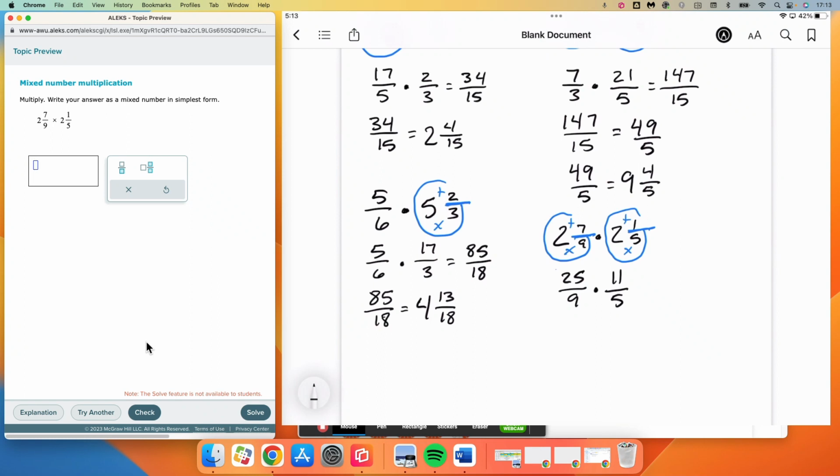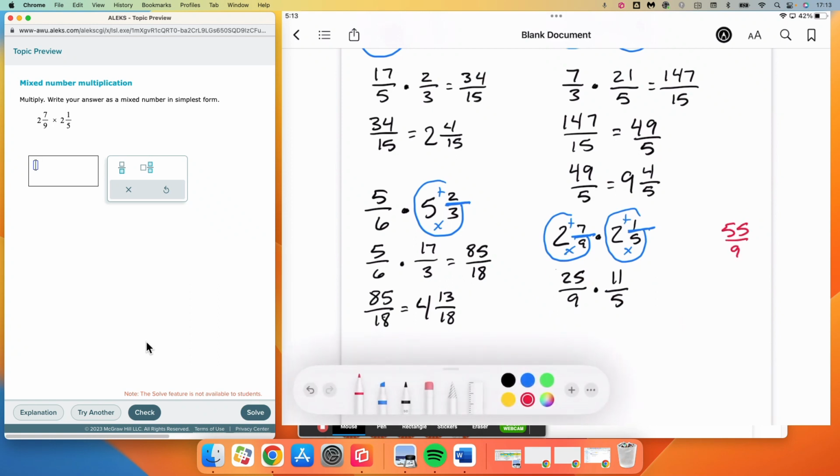And I do see that I could cross cancel here and here. That would make this a 5. It would make that a 1. We would end up with, I'll just write it over here on the side, 55 over 9 if we did that. But I'm not going to do that.